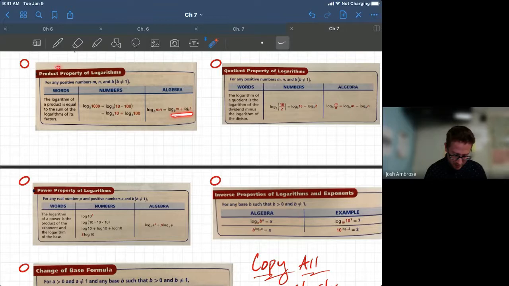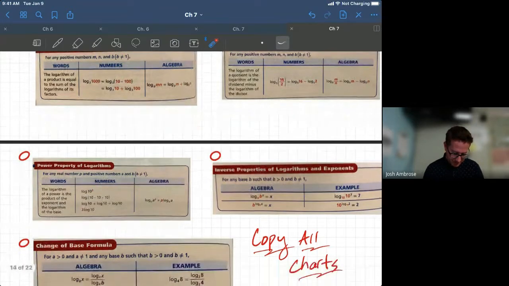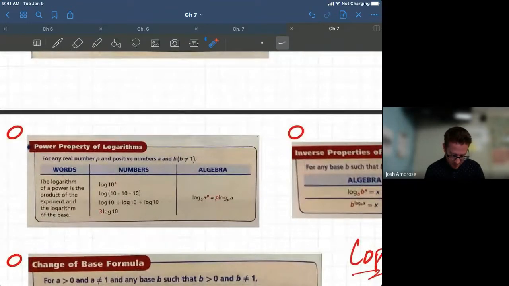The quotient property, notice we're going to use subtraction. Little connections, little cues so that you know what am I actually going to be doing here.